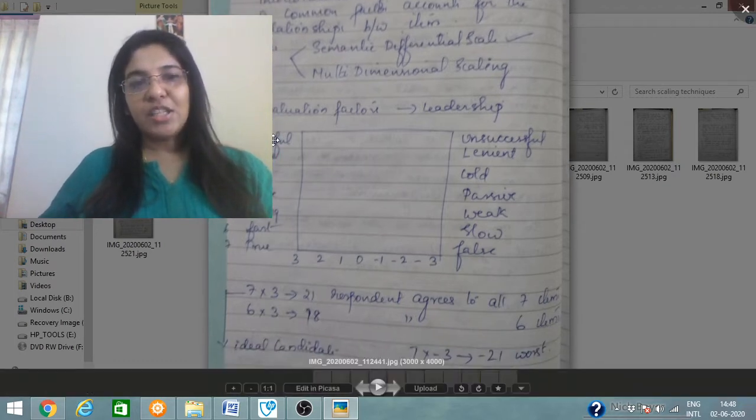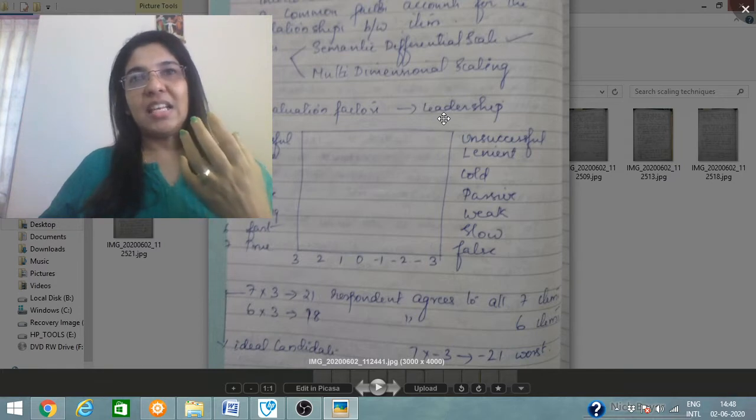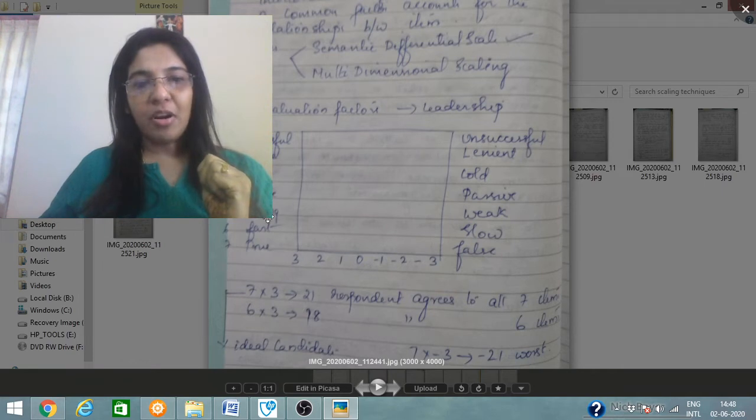There is a set of evaluation factors for assessing leadership. You are going to check whether that particular person has leadership ability or not, based upon 7 variables.